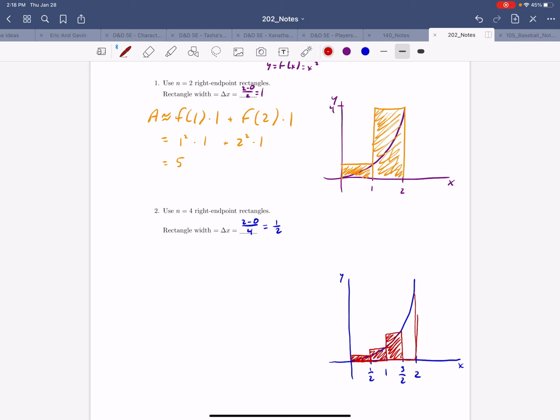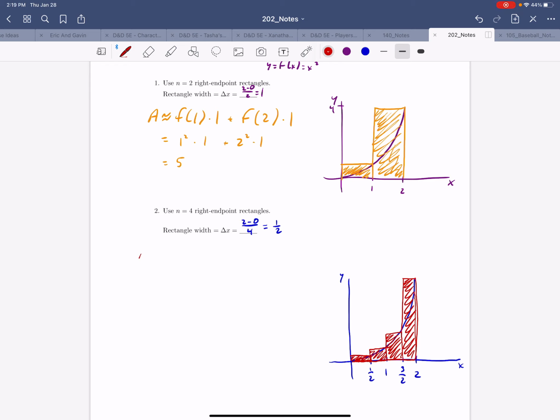Oh, maybe we go even a little bit higher, to there. Okay. So again, as with 2 rectangles, clearly an overestimate for the area, but less an overestimate than before. It's not as big an overestimate.